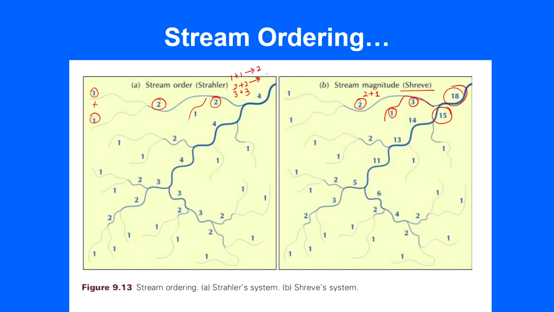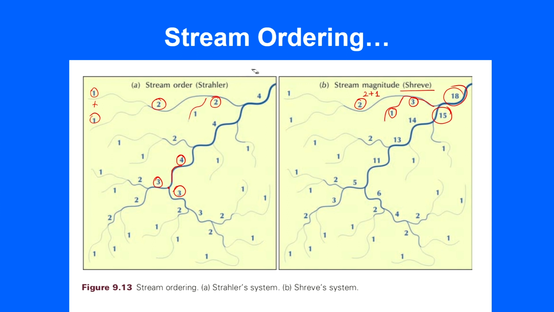In this case 2 plus 2 then joining, then we will see third order, and if 3 and 3, then we will see higher order, and that is what you can make out here. Okay. So, how did this become fourth order? This is based on this one here. Okay. So, you are having third order, two third order streams joining here. So, this becomes your fourth order, and that is how one can classify.